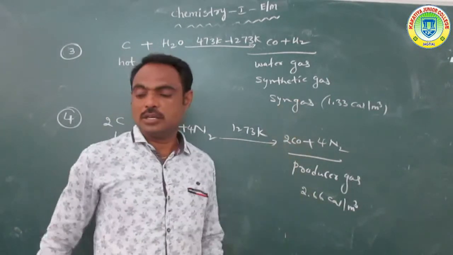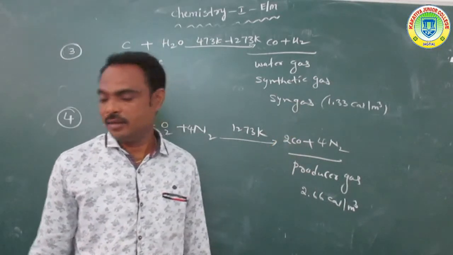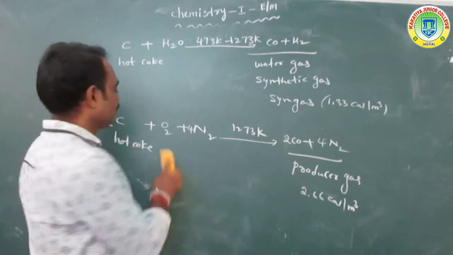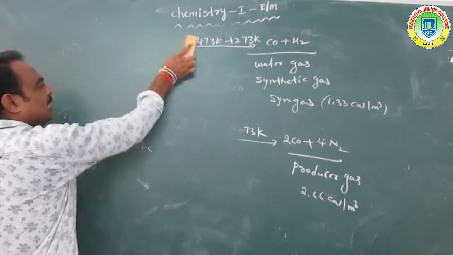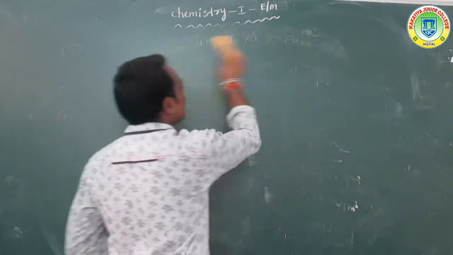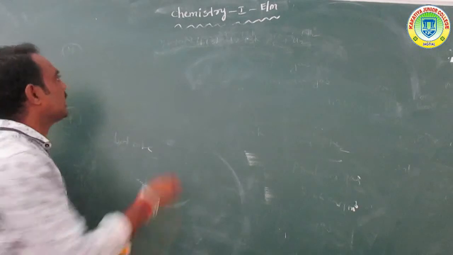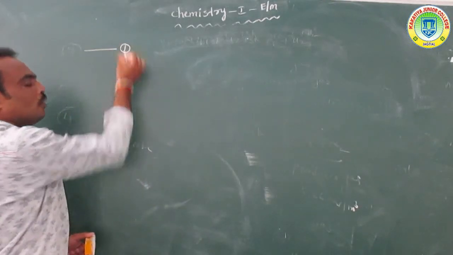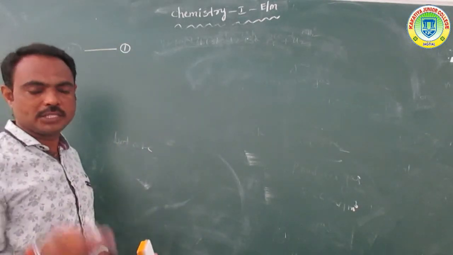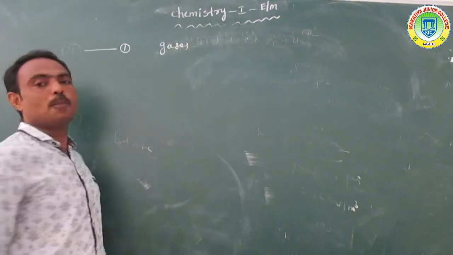So these are the preparations of carbon monoxide. Next further, what are the physical properties of carbon monoxide? First point, it is a gaseous compound.